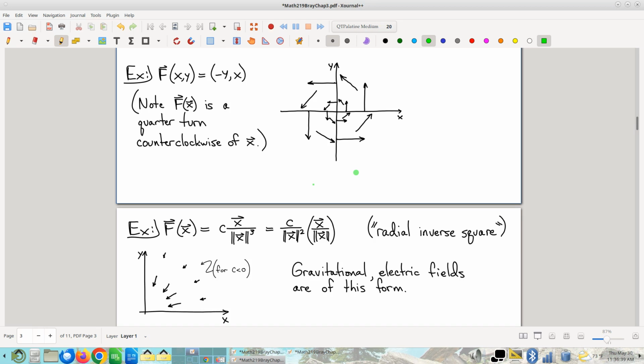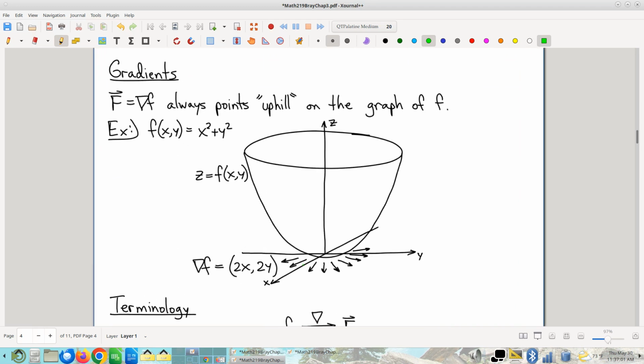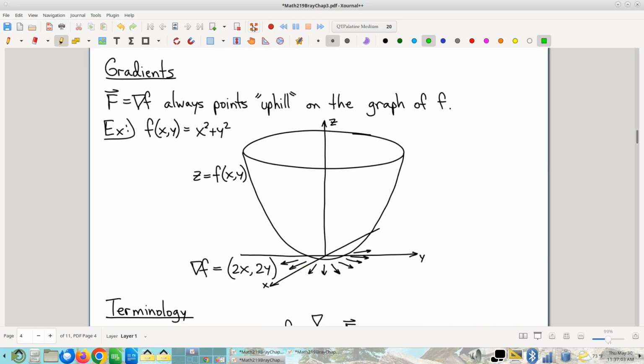Vector fields will also be a very useful tool for understanding forces, such as gravitational forces, electric forces, etc., magnetic forces. Okay, so it's important to be able to understand, to develop intuition for vector fields in both of these senses.